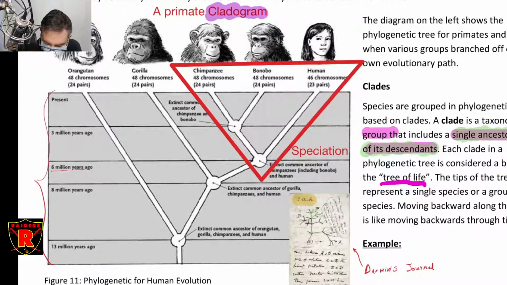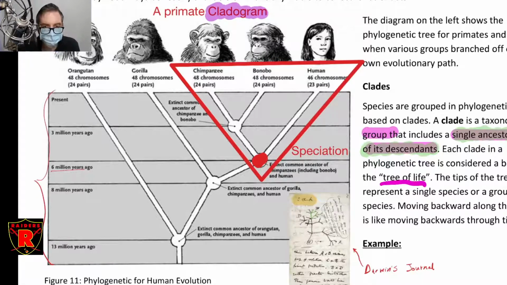So the common ancestor that I've selected is right here, and this is all of the species that come from that common ancestor. So that grouping on a cladogram is called a clade. Okay, what I've just drawn there is a clade. A clade is a grouping that has a common ancestor and every species that comes from that common ancestor.